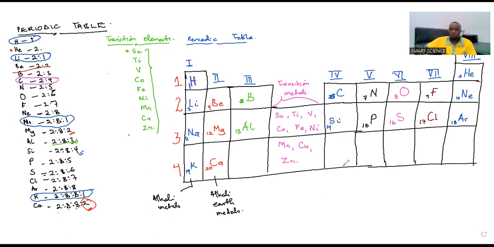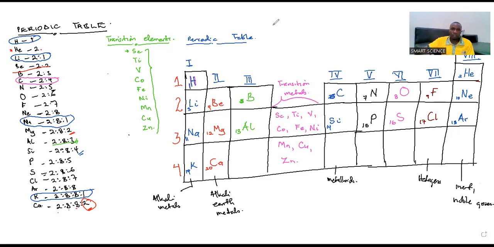If you belong to group 4, we normally give them a name of metalloids because it is a transition from the metallic side to the non-metallic side. Group 7, we are going to normally call them halogens, and group 8, they are going to be inert, all noble gases. So that is our periodic table.